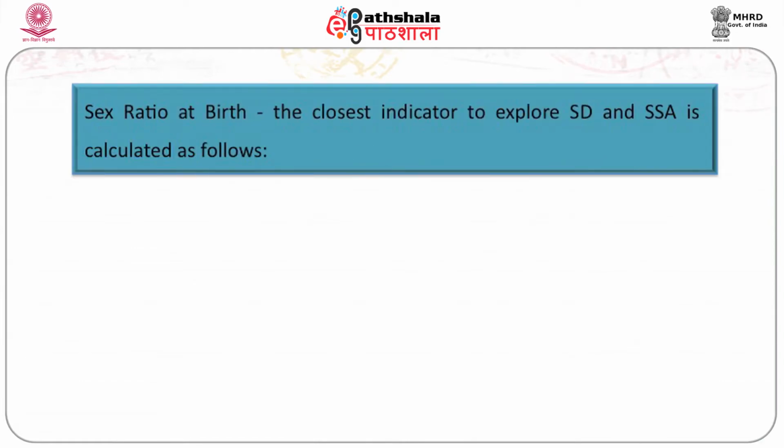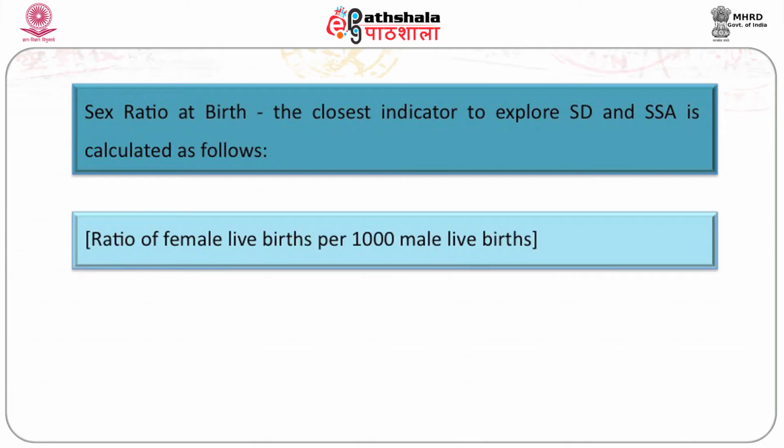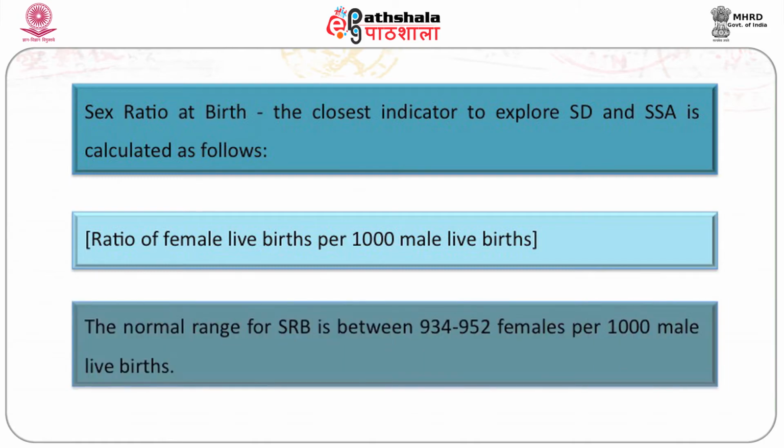Then you have an important ratio named sex ratio at birth, and it is the closest indicator to explore sex determination and sex-selective abortions. It is calculated by the ratio of female live births per 1000 male live births. The normal range of SRB is between 934 to 952 females per 1000 male live births.